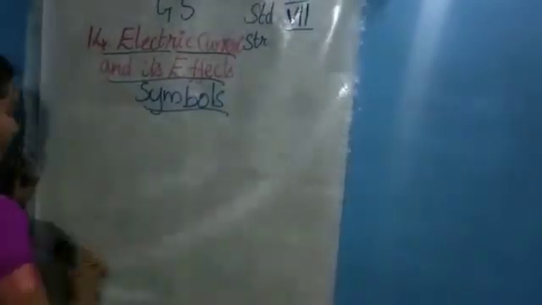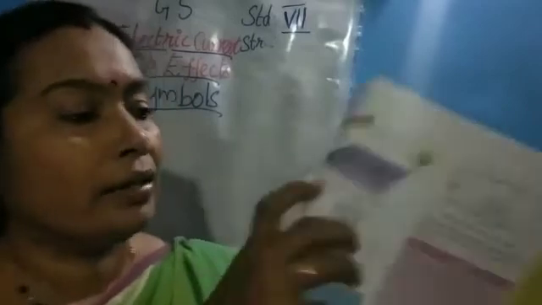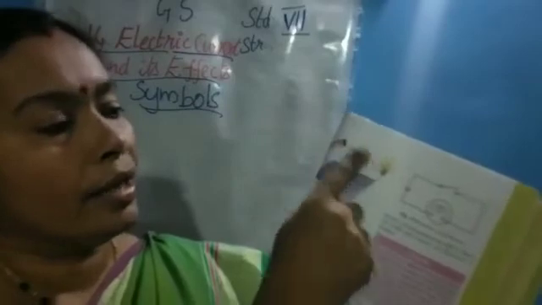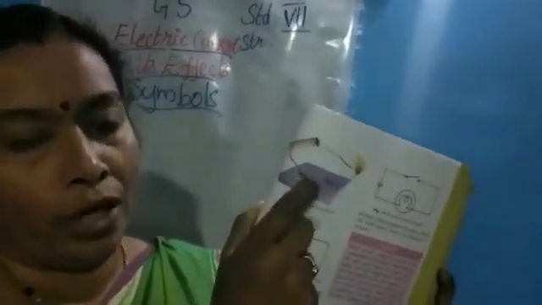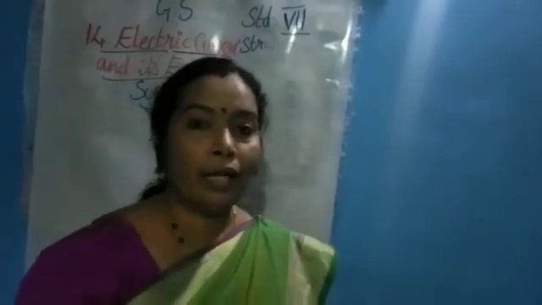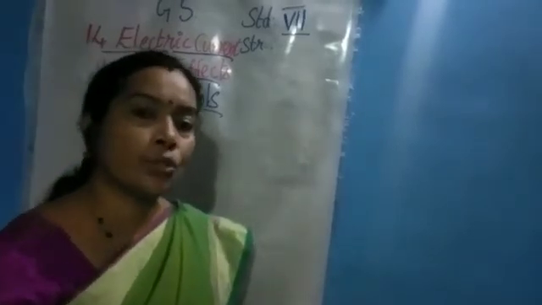In this game, what were the things there? See this circuit. In this circuit, we had an electric cell, a bulb, and an iron pin working as a switch. Instead of this, how will you draw the symbols? By using the symbols, let me draw the electric circuit. First we have to draw the electric source. Which is the electric source here?